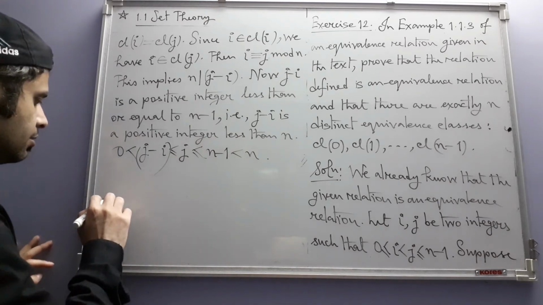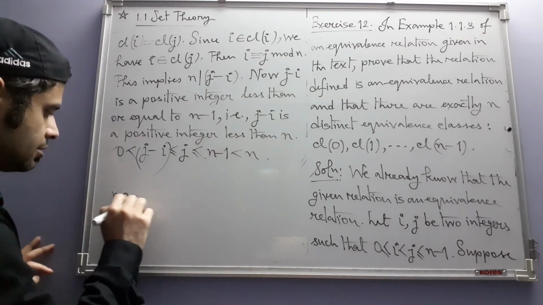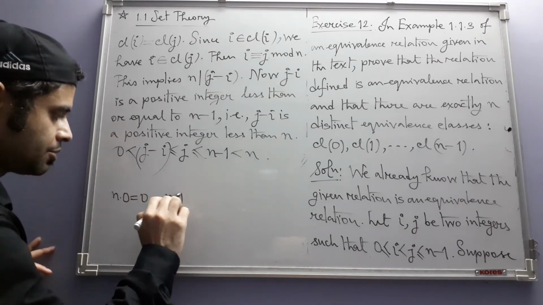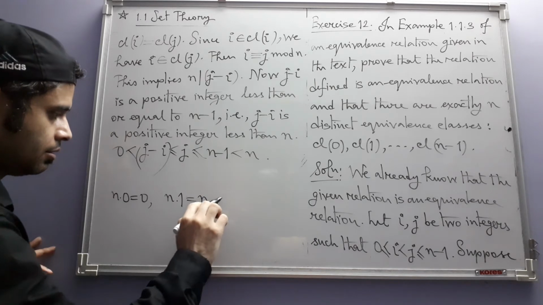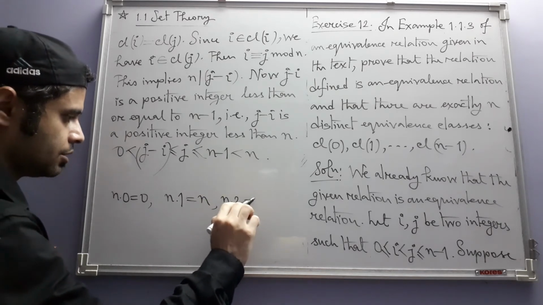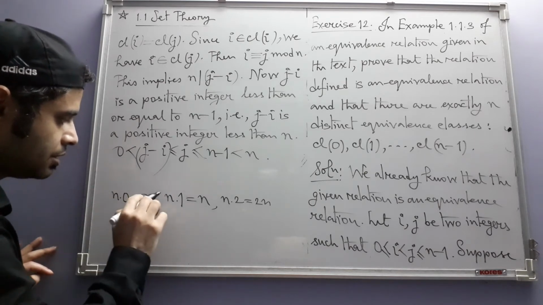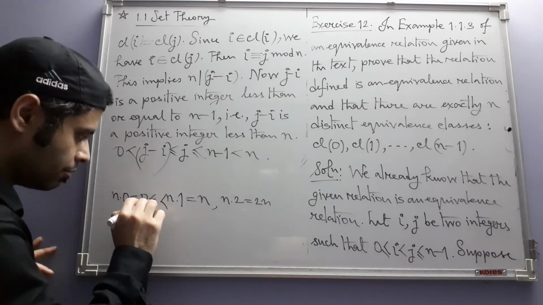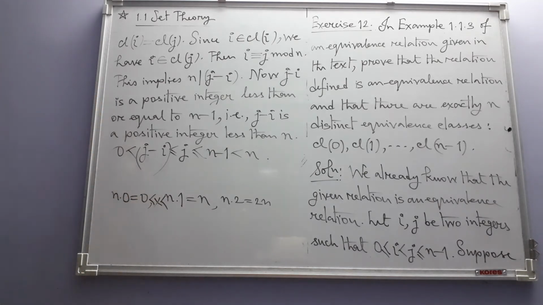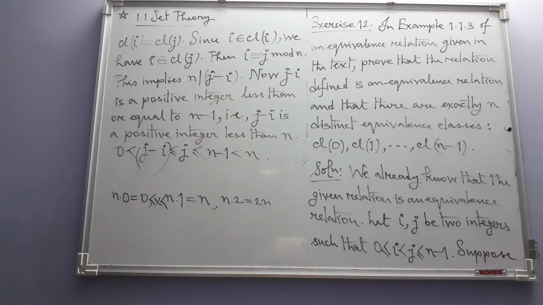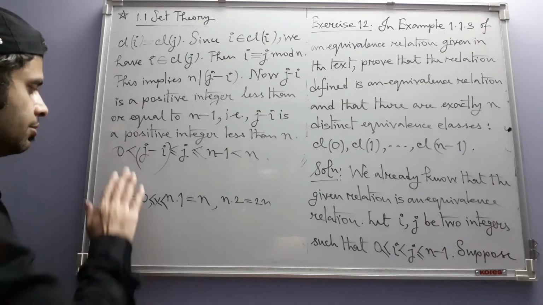You see, n times 0 is 0. After that, we have n times 1, which is equal to n. Then we have n times 2 is equal to 2n. So strictly between 0 and n, there is no multiple of n. So how can n divide j minus i? It cannot divide j minus i. So that is a contradiction.